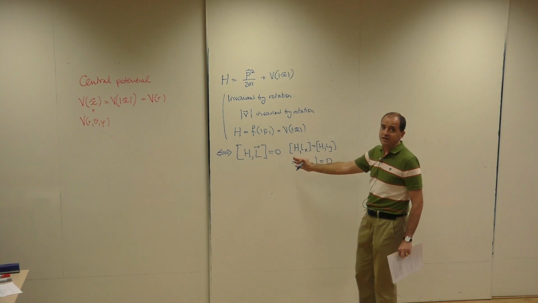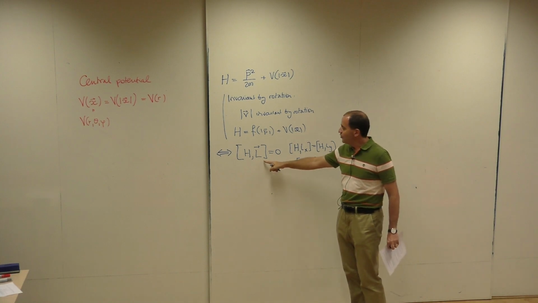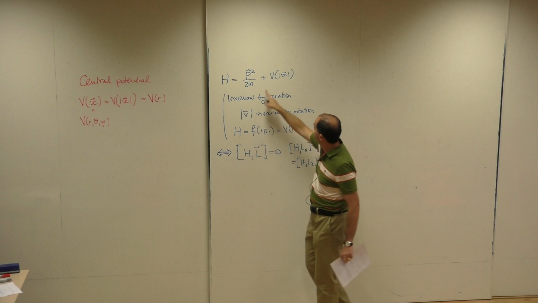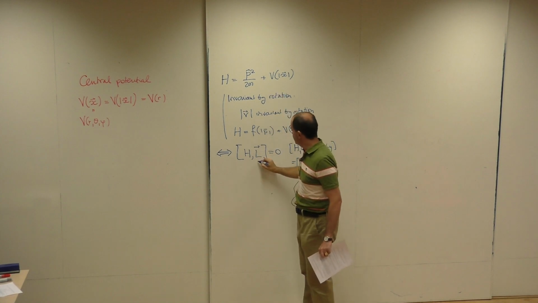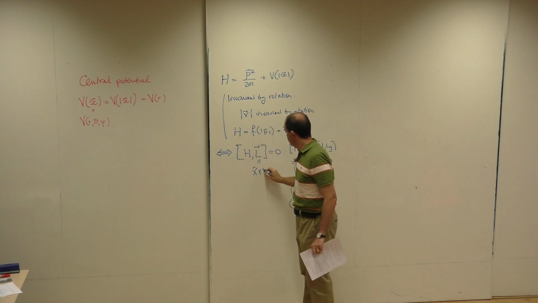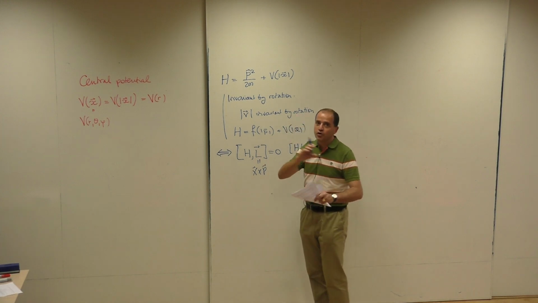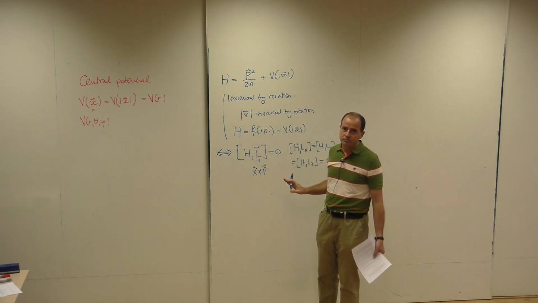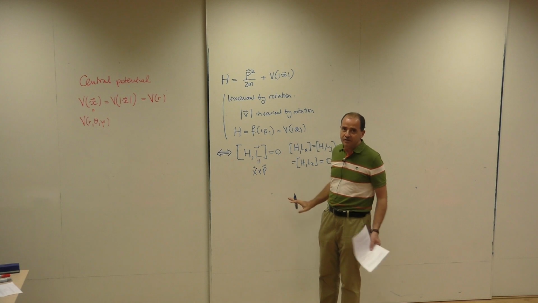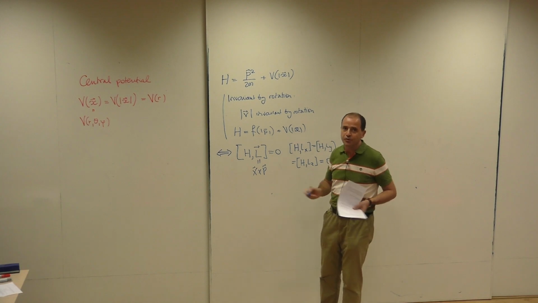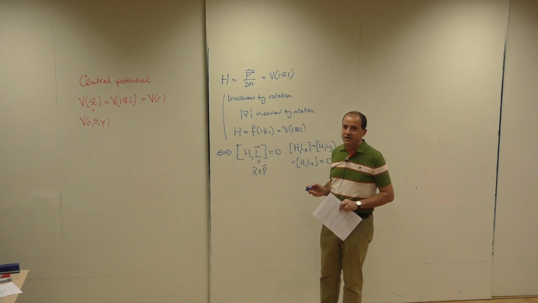Now, if you don't trust me, this can be computed explicitly, right? You plug in the expression of H, you plug in the expression of L equal x cross p, you start computing commutators, and you will find that it's 0. It's a very useful exercise for you to practice the algebra of infinite dimensional systems and the commutators.